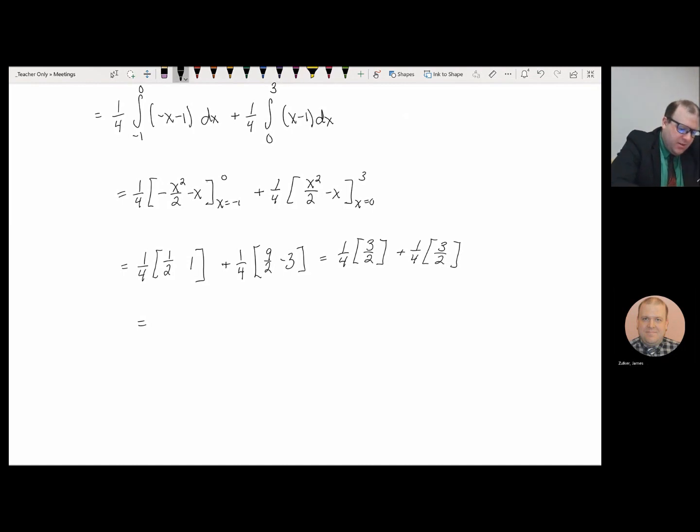That's 3 negatives there, which makes this negative a half. Negative an eighth plus 3, so it'll be 2/8, which is a quarter.